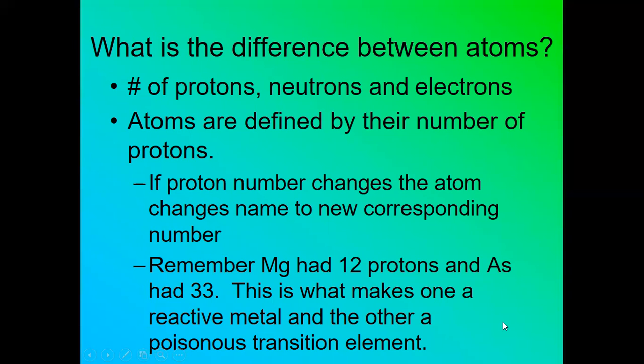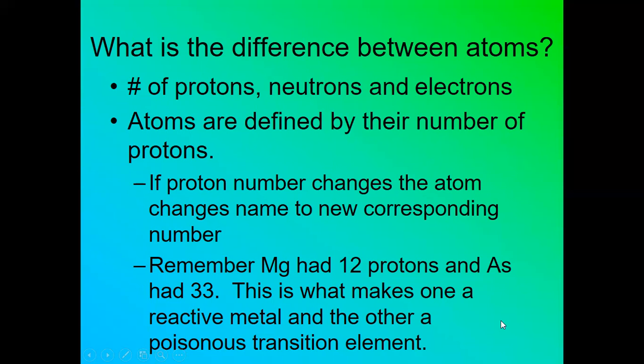So for example, number 1 on the periodic table is hydrogen. If I added another proton to hydrogen, it wouldn't be hydrogen anymore. It would then be helium, because helium is the only thing on the periodic table that has 2 protons. Then if we added another proton, it would go to number 3, which is lithium.